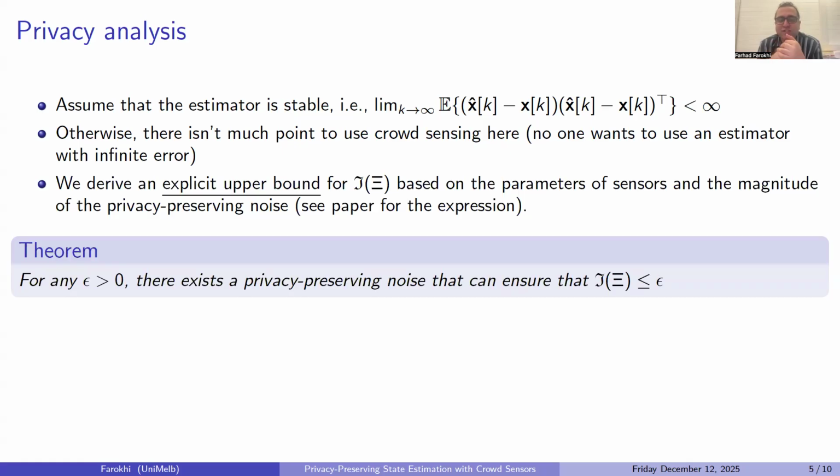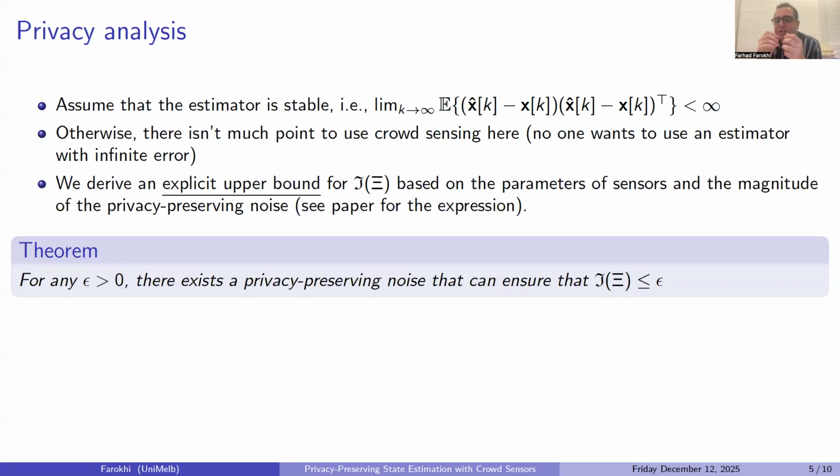Essentially, we use this upper bound showing that information is always greater than or equal to 0. By making this K, the variance of the noise, larger and larger, we can reduce this information leakage and make it smaller and smaller. We can push it to 0.